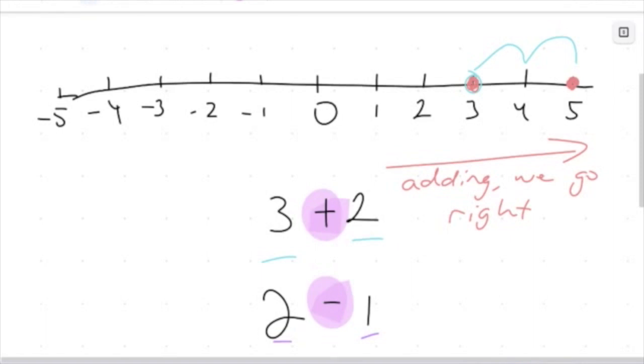Whatever answer we get, our number's going to get smaller. So drawing this on my number line, I go from 2 and I go 1 number smaller than that. If we consider the direction we go when we subtract, we are going to the left-hand side of the number line.